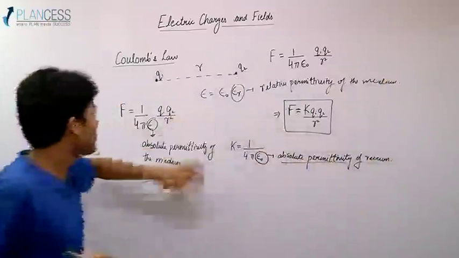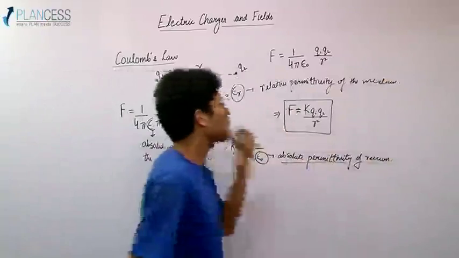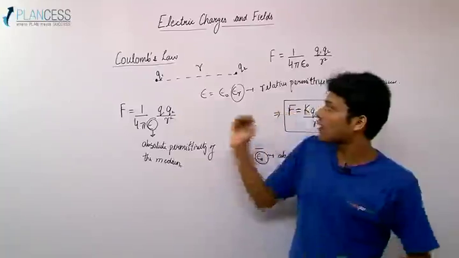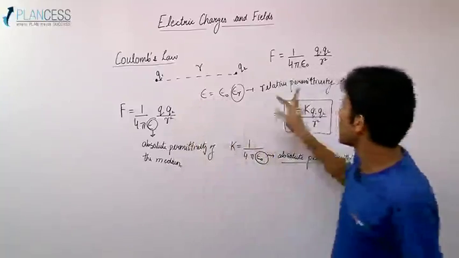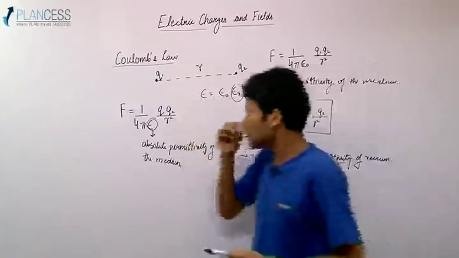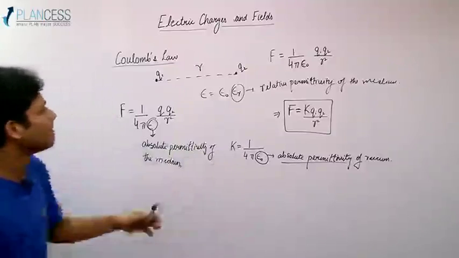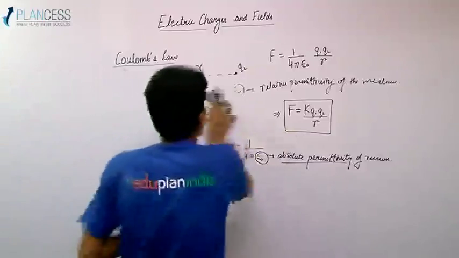So this epsilon, the absolute permittivity, can be written as epsilon r into epsilon naught, where epsilon r, which is the ratio of epsilon and epsilon naught, is the relative permittivity of the medium. So this is basically the formula for the forces acting between two charges.